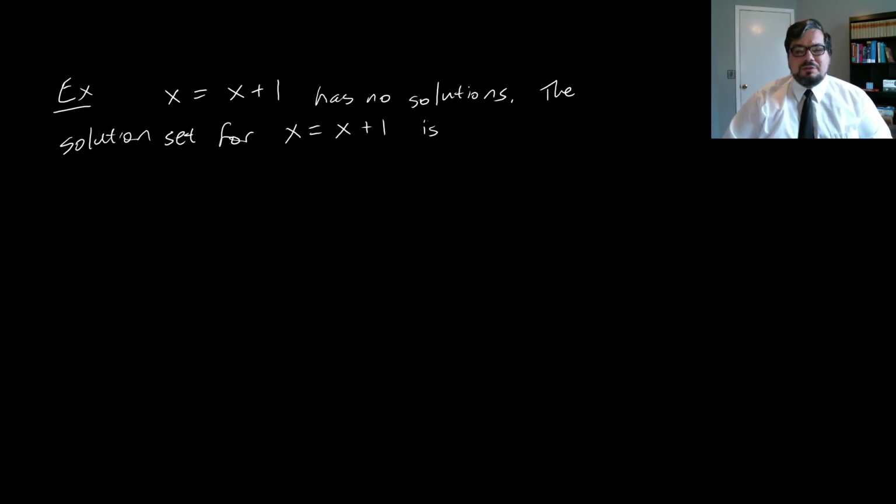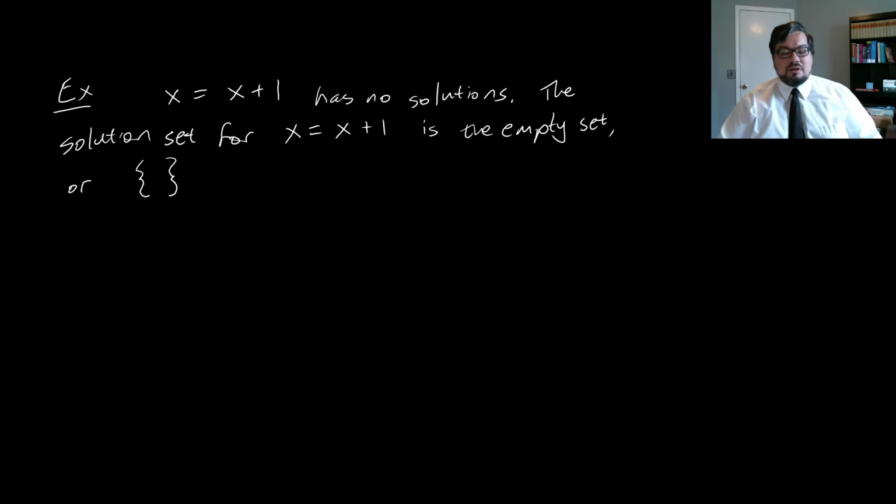We can describe it using words as the empty set. That is the set containing no elements. Or another way of writing this is using our set notation from before with the curly braces, but without anything inside. If we just write the curly braces and have it empty inside, that's the empty set.